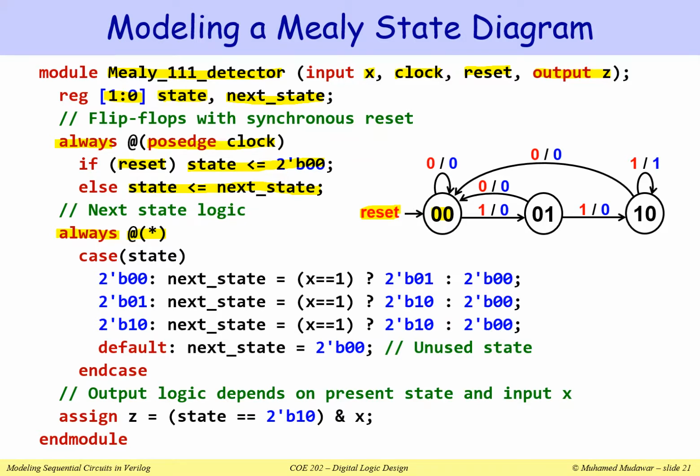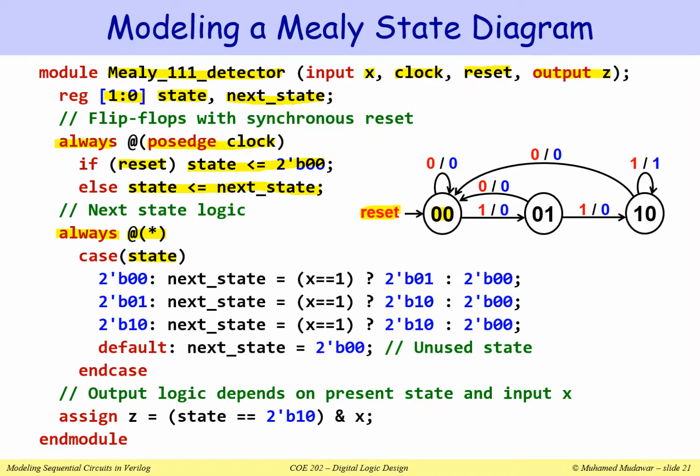It's also sensitive to the present state, because state also appears inside the always statement. But you don't really have to write state comma X. You can just write a star, and the compiler will understand that this star means the state and the input X.